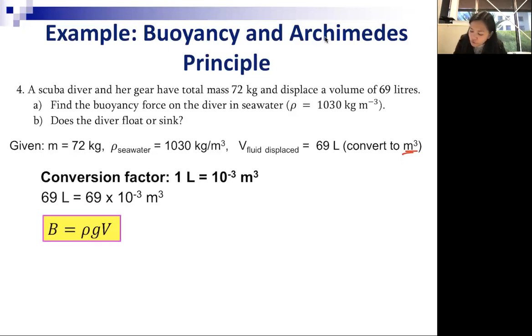Doing the conversion first, 69 liters can be written as 69 times 1 liter, and 1 liter is 10 to the minus 3 cubic meters.